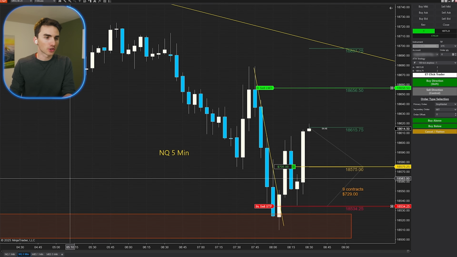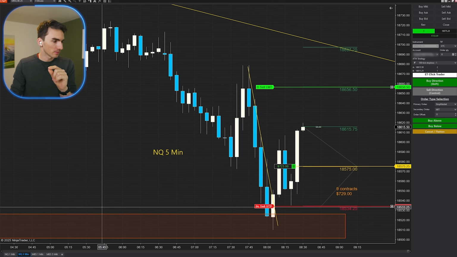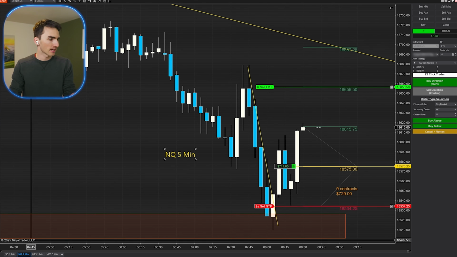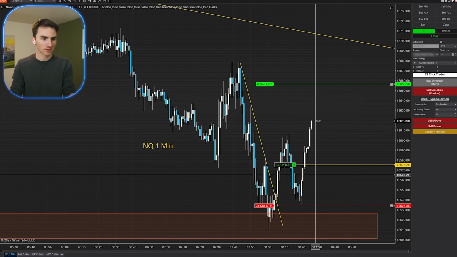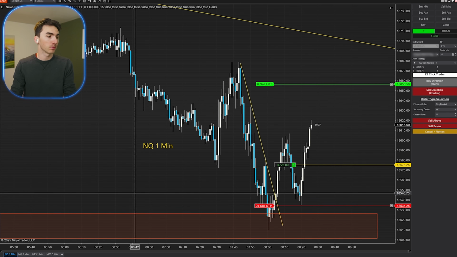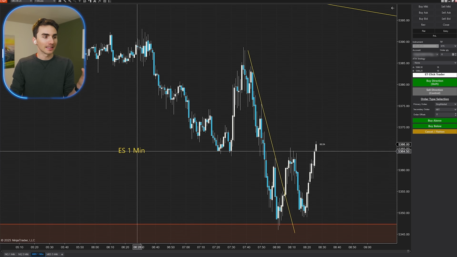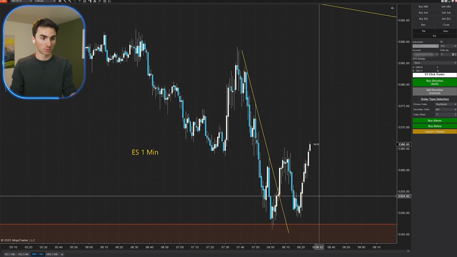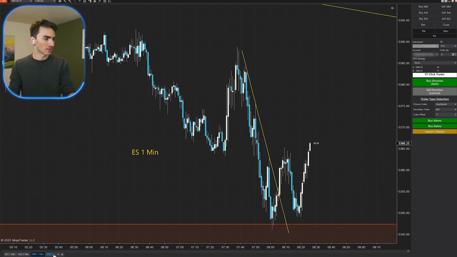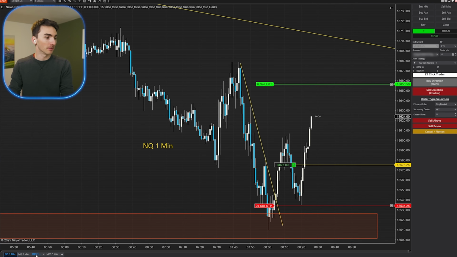Now, an interesting thing to show you while this is kind of working in my favor: here's the NASDAQ on a 1-minute chart. You can see where I entered in and how much it's up. And then here is the ES futures on a 1-minute chart. And you can see if I quickly cycle back between them, the NASDAQ is way higher than the ES.